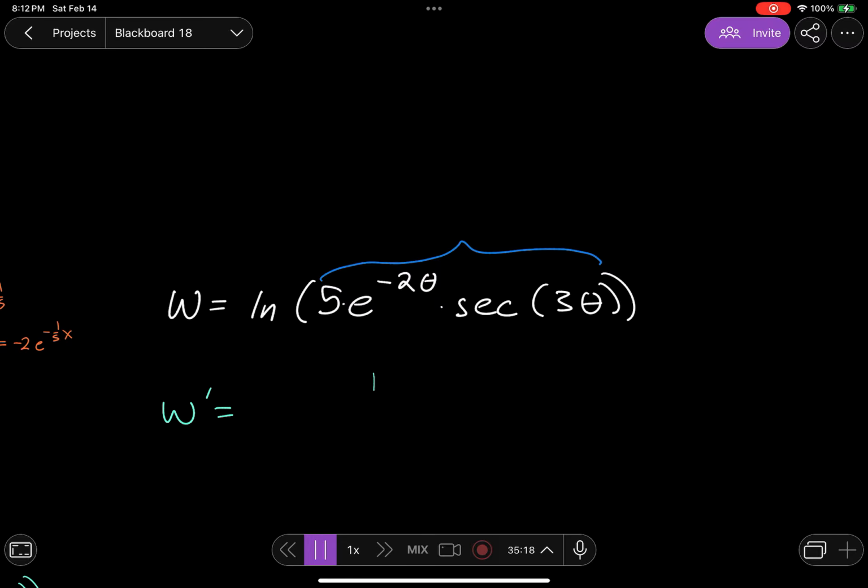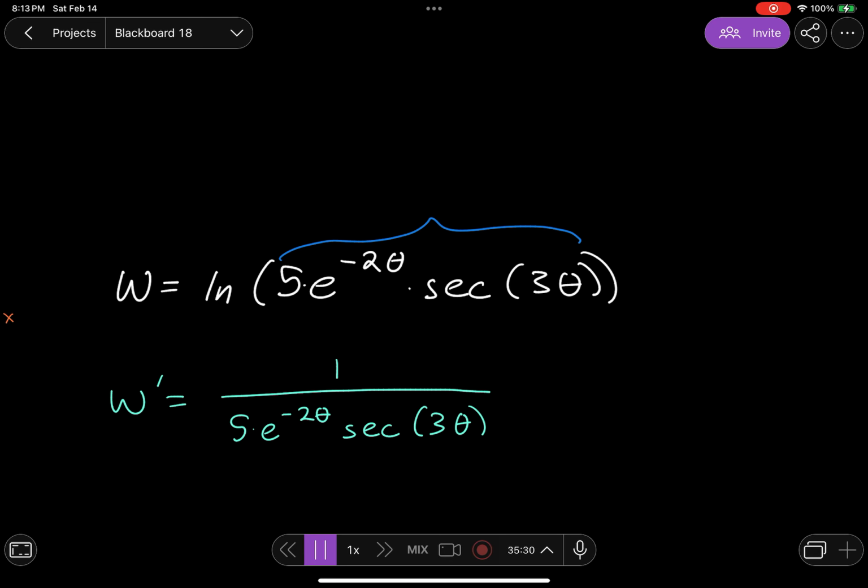It's just going to be 1 over that thing, secant of 3 theta. And what I then need to do is multiply by the derivative of that thing on the inside of the natural log, which is 5 times e to the negative 2 theta times the secant of 3 theta.